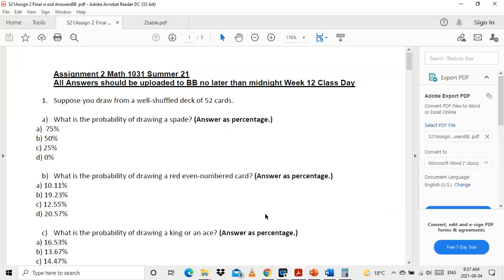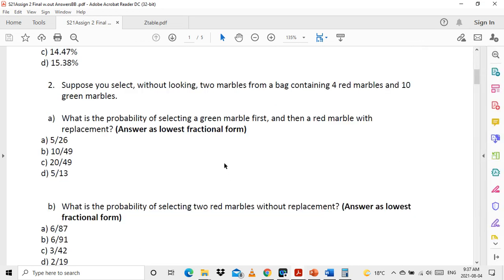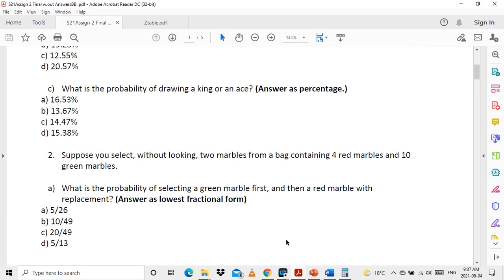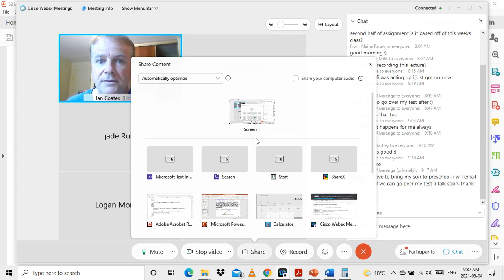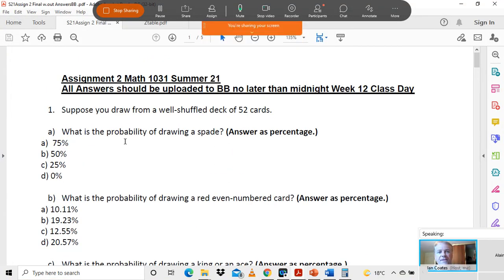Yeah, right here. So this is where we're at as far as the original assignment. I gave it to you as a paper copy, so that you guys could work on these things, okay? I'm just going to screen share right now. This is how it'll look on Blackboard on the e-portal, okay?